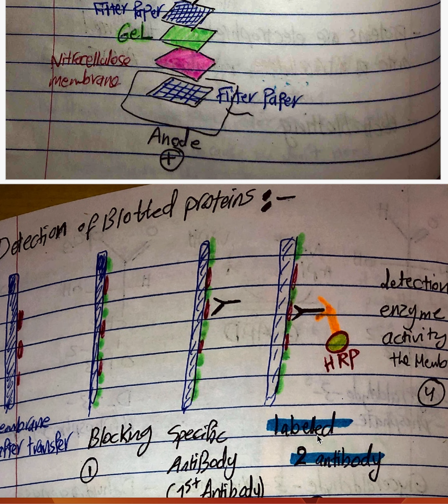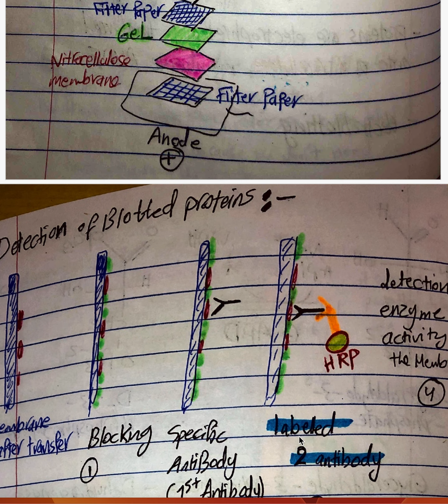Then we do blocking with fat-free milk, and we also use bovine serum albumin, and then we add the first antibody and wash, and then the secondary antibody, which is the labeled one, and wash again to detect the protein.